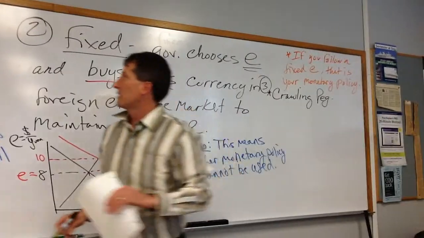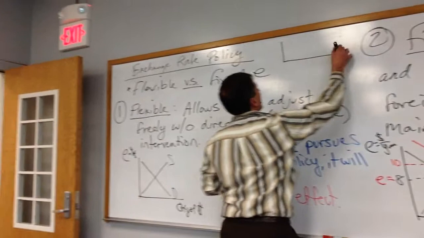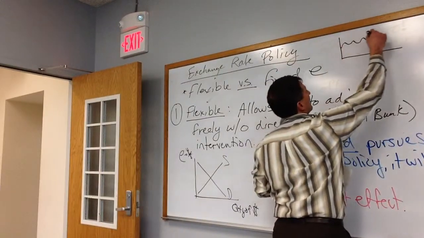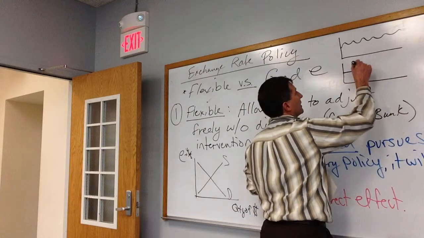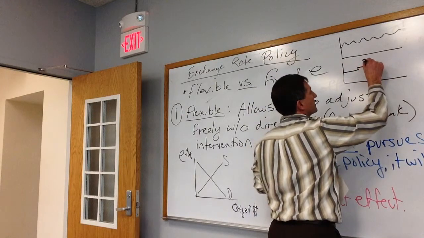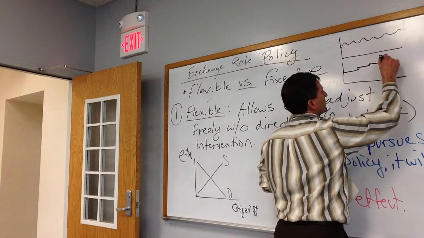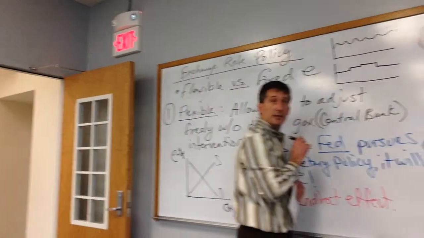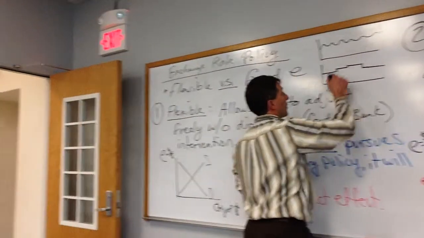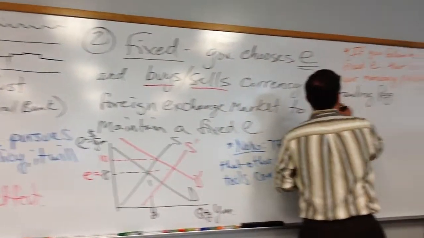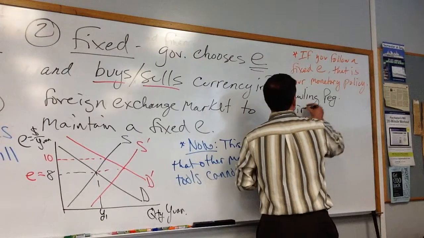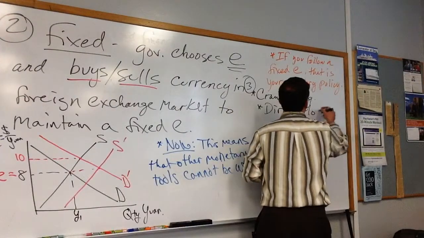So if you were to graph it out, the United States exchange rate might look like nice squiggly lines. A crawling peg might look like this. And then on this day we changed it, and then on this day we changed it, and then on this day we changed it, right? So it'd be fixed over some periods of time. So it's just a combination. This is also sometimes referred to as a dirty float.